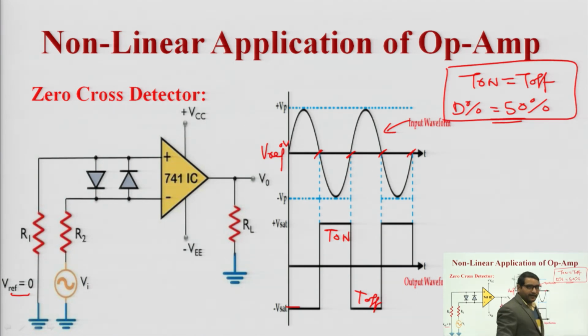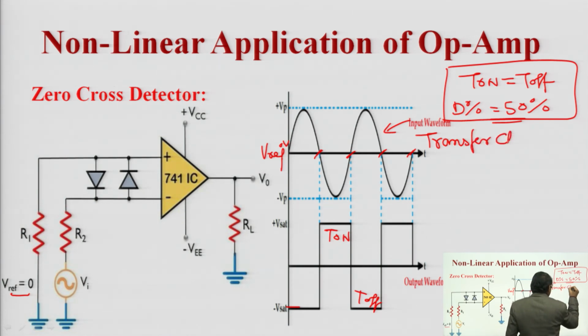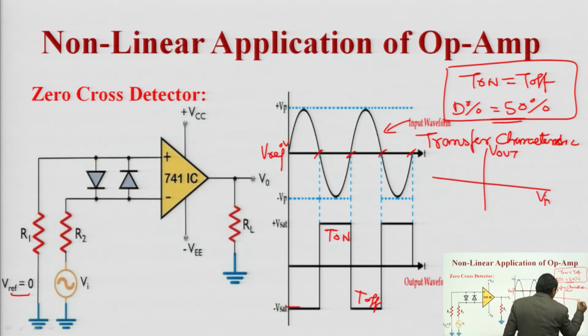If we want a square wave with a duty cycle of 50%, then we use a zero cross detector as a comparator. If you consider the transfer characteristic for this zero cross detector, it looks like this: V out versus V in.